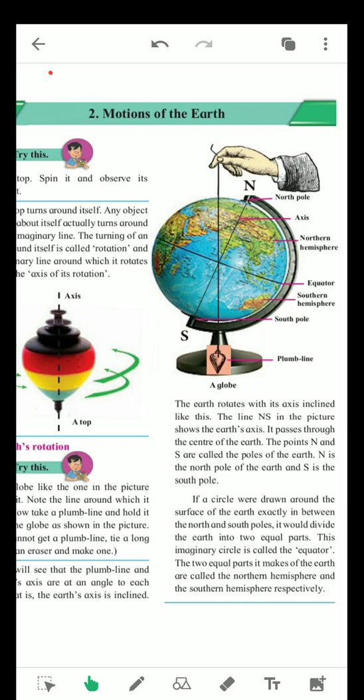This imaginary circle is called the equator. This is the equator of the earth. The two equal parts it makes of the earth are called the northern hemisphere and the southern hemisphere. The part beside the north is the northern hemisphere and the part beside the south is called the southern hemisphere respectively.